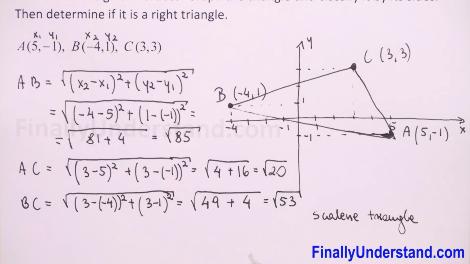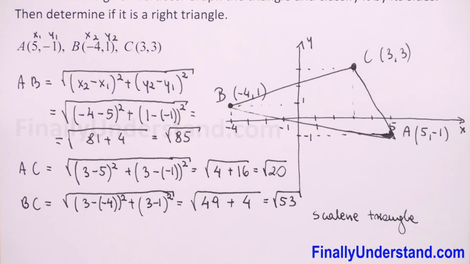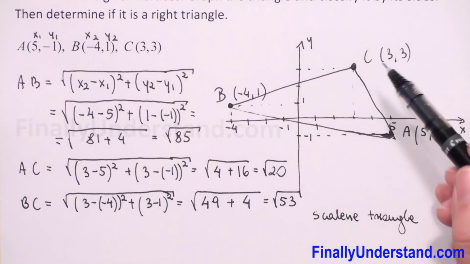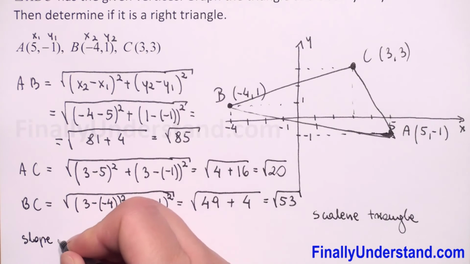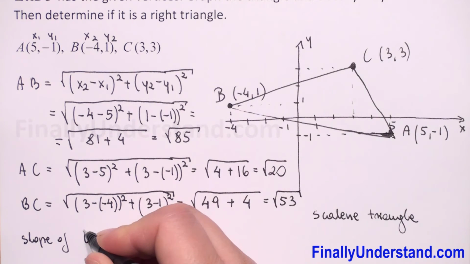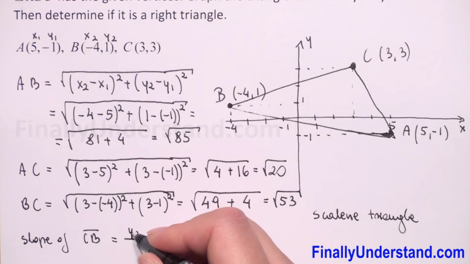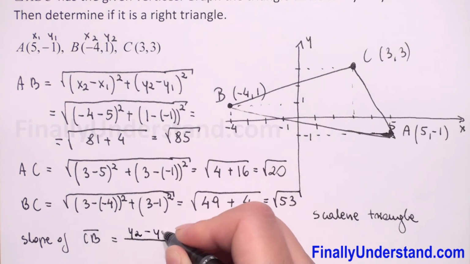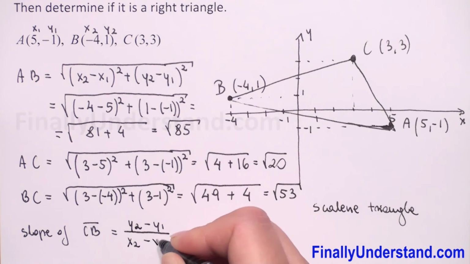Next, we have to check if our triangle is a right triangle. From our graph, we see that the biggest angle is C. To check if it is a right angle, we will first find the slope of the CB segment. Let me remind you the formula. In the numerator we subtract y coordinates, and in the denominator we subtract x coordinates.